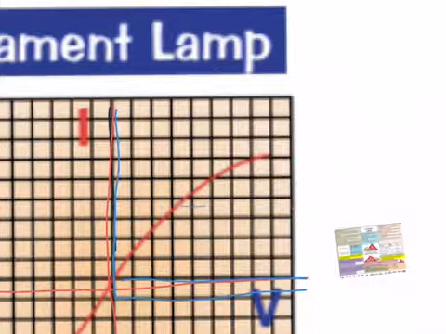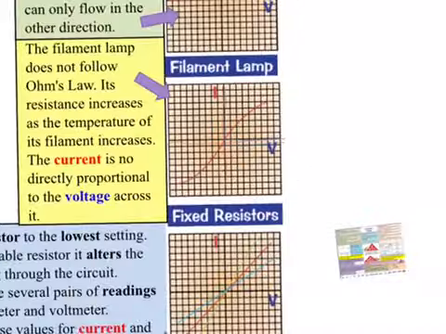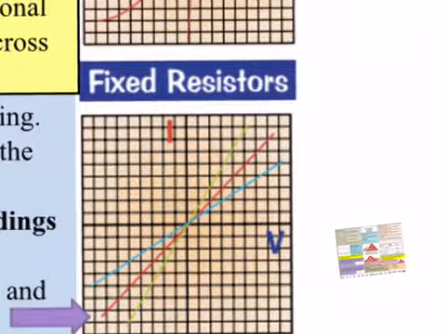You've got all those electrons banging into each other because they're more excited at higher temperatures. There's more activity. They're more likely to collide with each other. So there's going to be more resistance as we increase the voltage. And that's why, when we look at these fixed resistors, it's important that they're at a constant temperature.